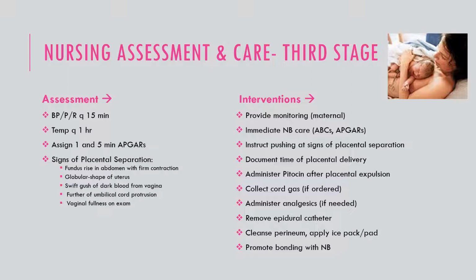And the reason why we do this after the placenta is delivered is because if we start it during the third stage while the placenta is beginning to separate and we contract the uterus and clamp it down, it might hinder separation of the placenta from the endometrial lining. So we always want the placenta completely expelled before we start that Pitocin administration.